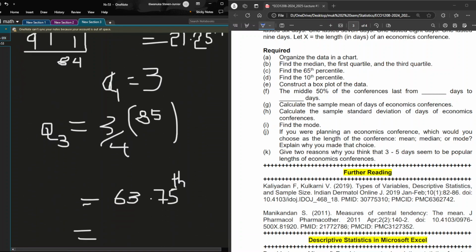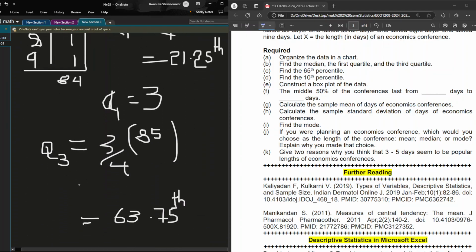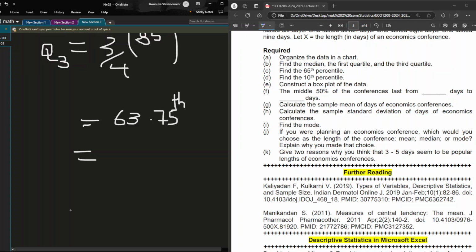That means our 63.7 conference fell under these 5 days, and that means our x there, or the Q3. Let me call it Q3 for simplicity. Q3 equals 5.